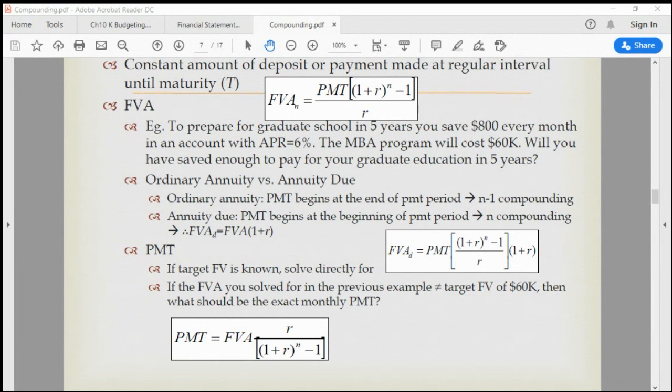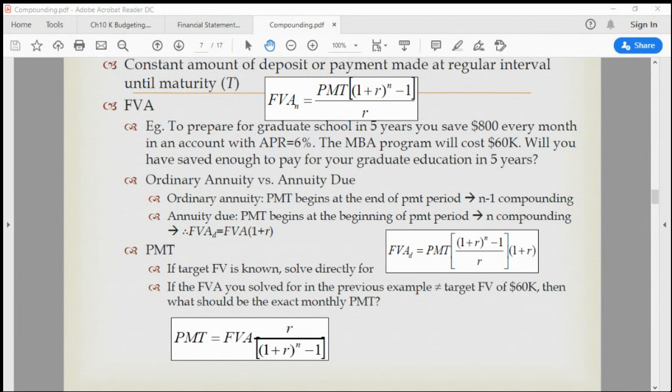Hi, how's everybody? This is the lecture for the multiple cash flow model, time value of money. Actually, the multiple cash flow model is as opposed to the single cash flow model, and it's of course part of the time value of money model.